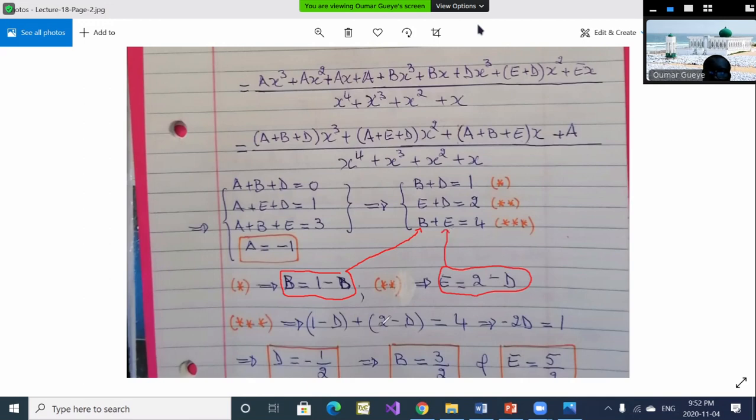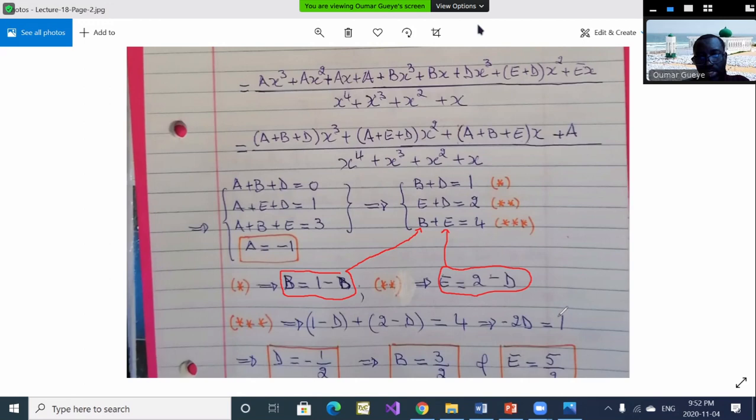And after doing that, we'll get this part. So this is obtained when you substitute B and E by their values. And now the equation depends only on D. So we'll get minus 2D equal to 1, because when you drop the brackets, you will get minus D minus D, which is minus 2D, and 1 plus 2 is 3. So the 3, you send it here, it becomes 4 minus 3.